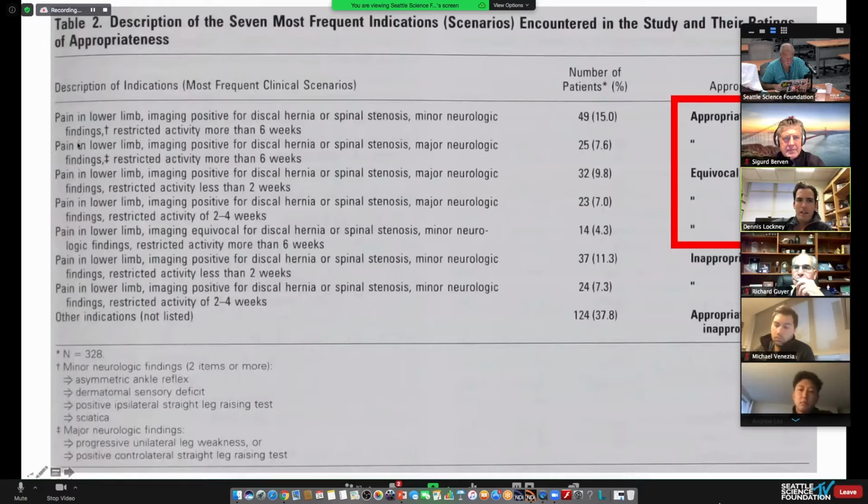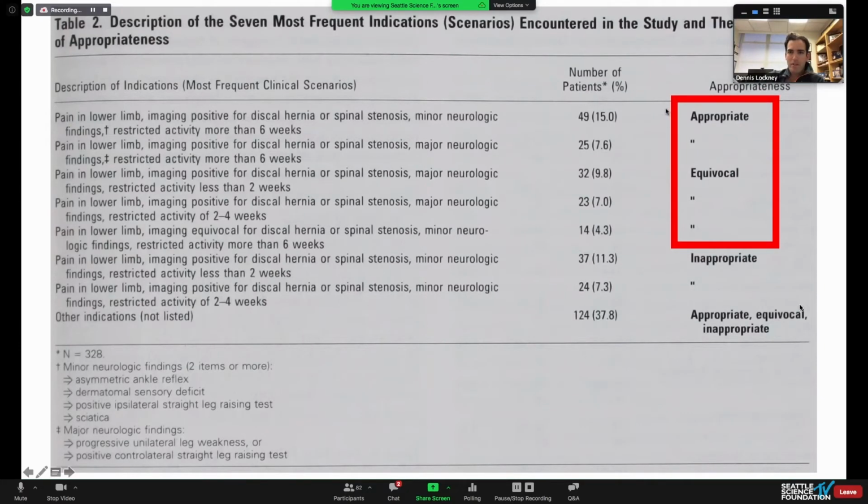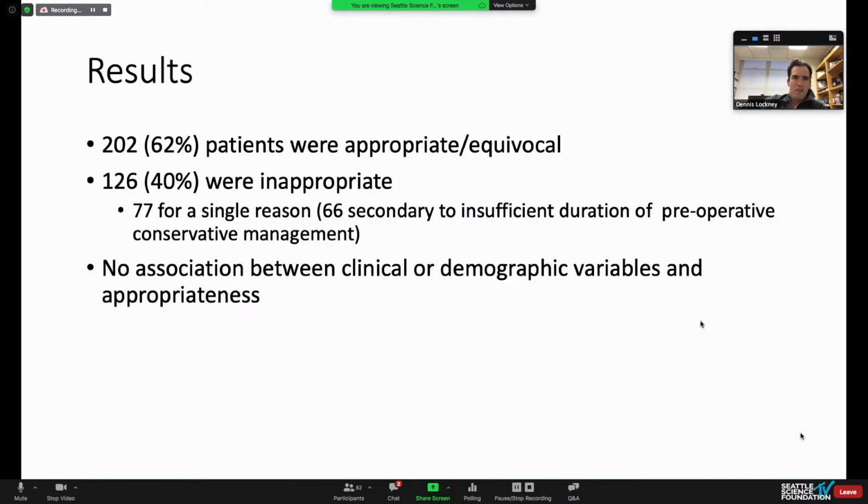And then again, these are the 7 common clinical scenarios. In the top box, all of these scenarios were considered appropriate or equivocal, and then below were considered inappropriate, and for the other indications, there was a mixture of appropriate, equivocal, or inappropriate. So 62%, as mentioned, were appropriate or equivocal, and 126 of the patients, or roughly 40%, about 38%, were inappropriate indications.